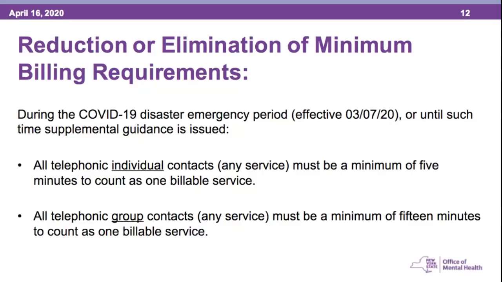So what that does is it allows for all telephonic individual contacts to be a minimum of 5 minutes to count as a single billable service, and telephonic group contacts to be a minimum of 15 minutes to count as a billable service, rather than rolling up through the traditional PROS unit conversion method. Let's advance to slide 13.